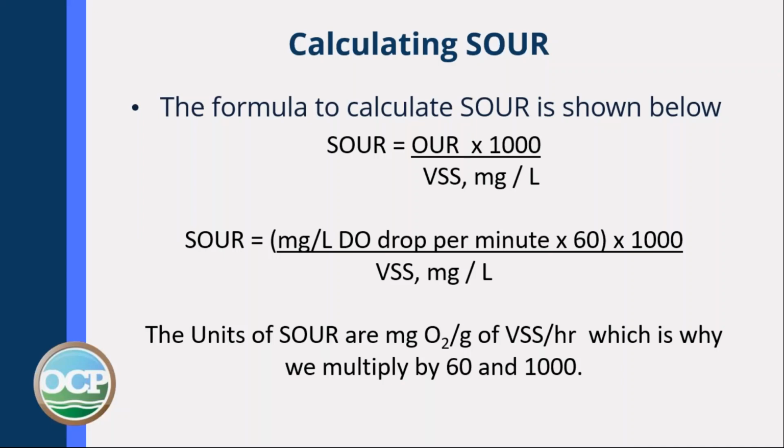The units of SOUR are milligrams of oxygen per gram of volatile suspended solids per hour, which is why we multiply by 60 and 1,000 to put the units correct. We get the hours from the 60 and the milligrams from multiplying it by 1,000.